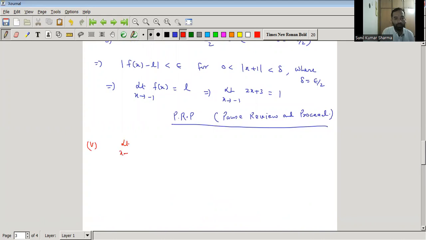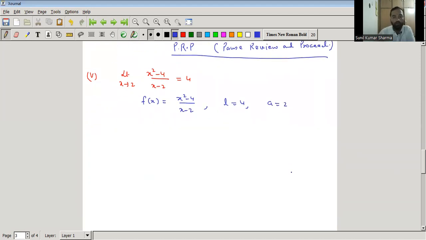Limit x goes to 2 of x square minus 4 upon x minus 2 is equal to 4. So here f(x) is equal to x square minus 4 upon x minus 2, limit L is equal to 4 and point a is equal to 2.